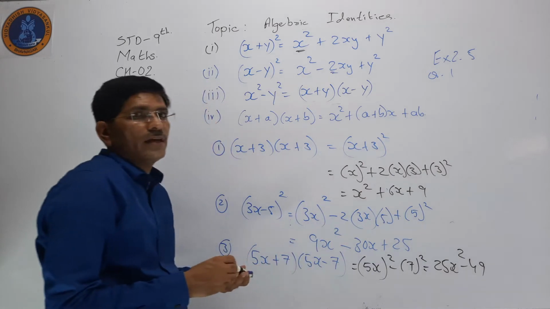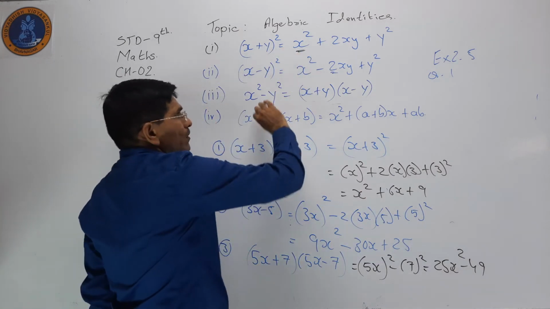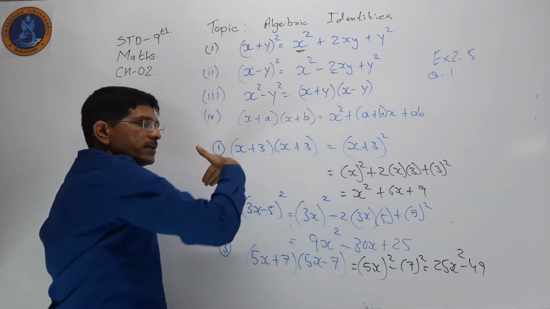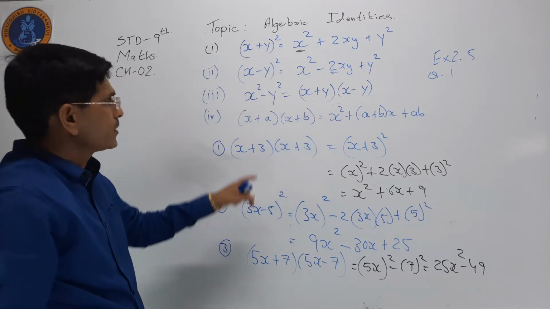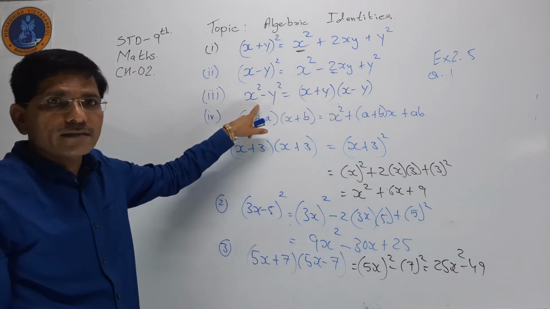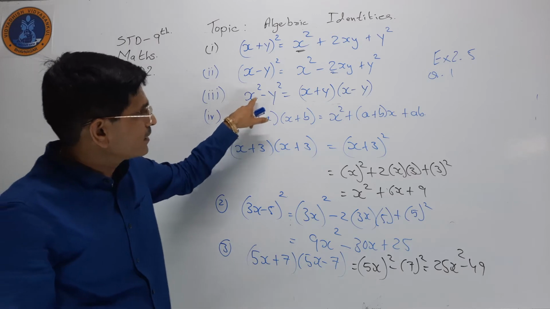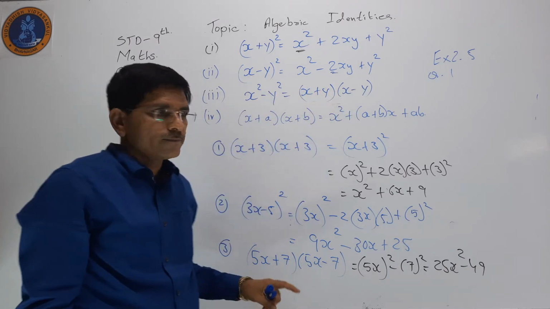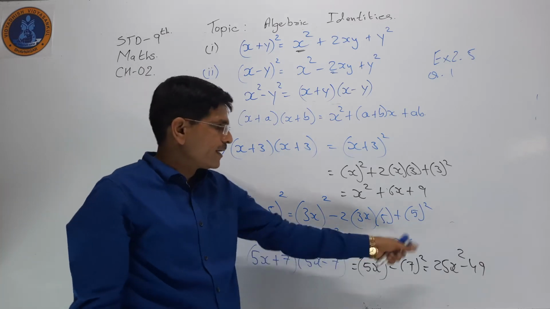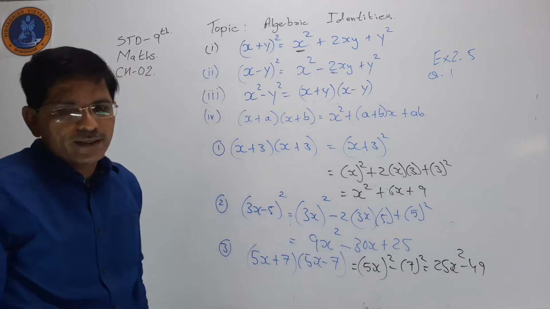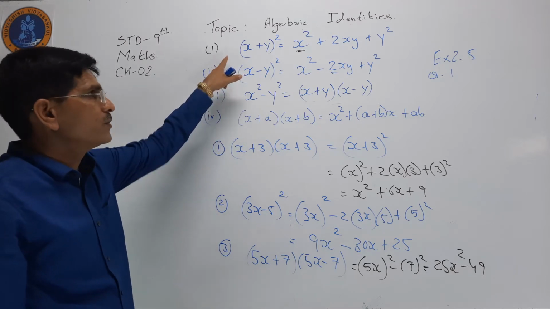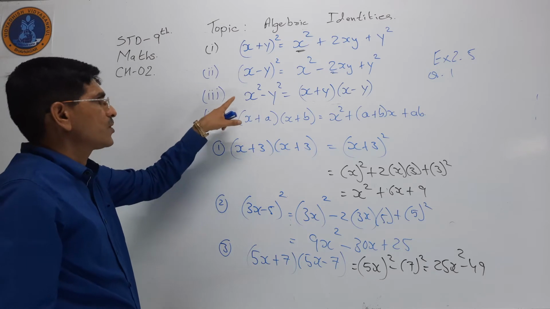When identities are expansions, going in reverse is called factorization. Maybe the question is given that way, then that is my answer. If the question is (5x plus 7)(5x minus 7), then the answer is 25x square minus 49.